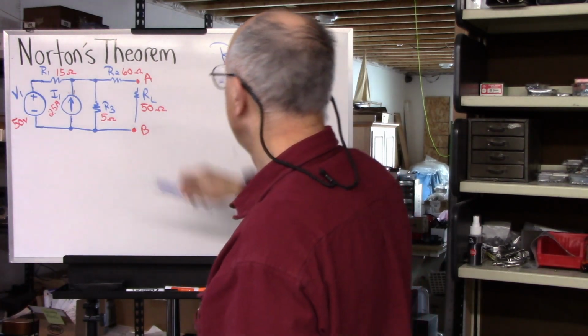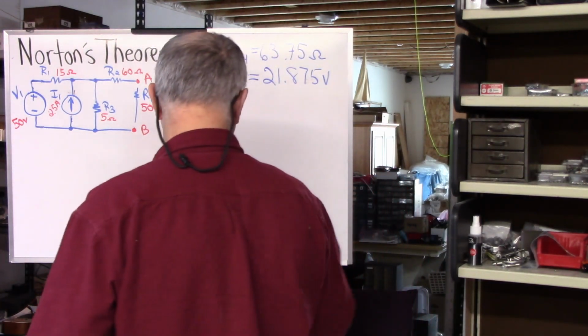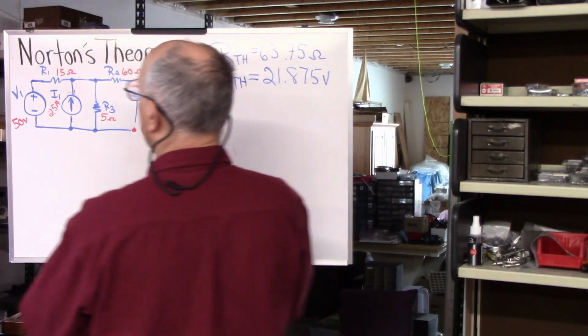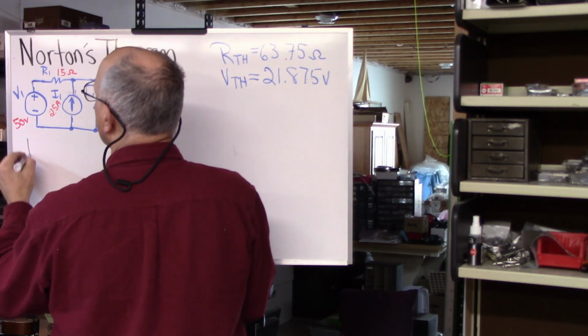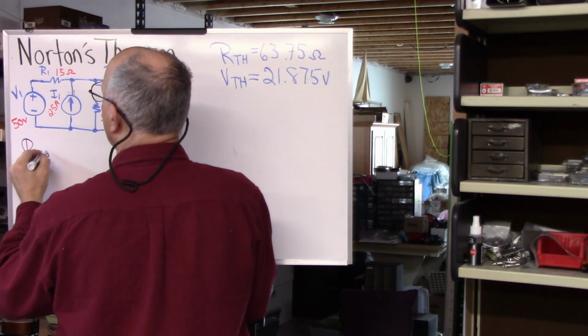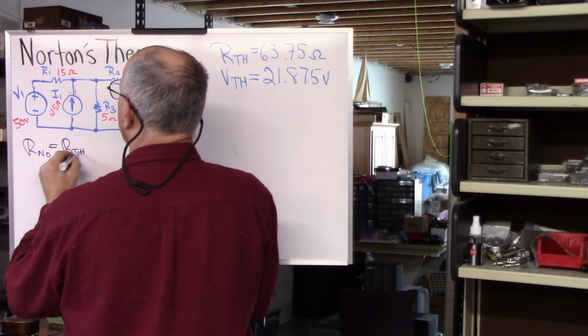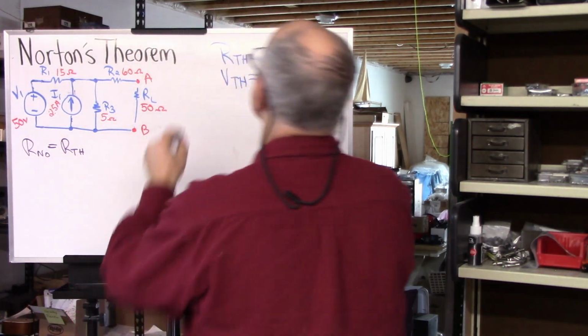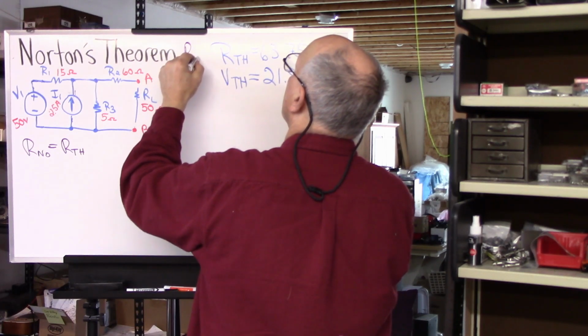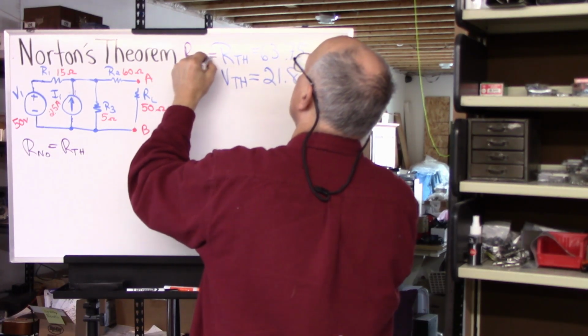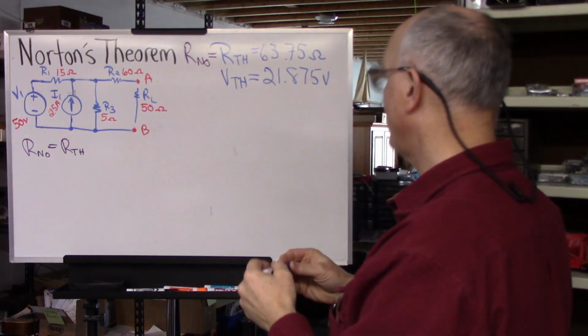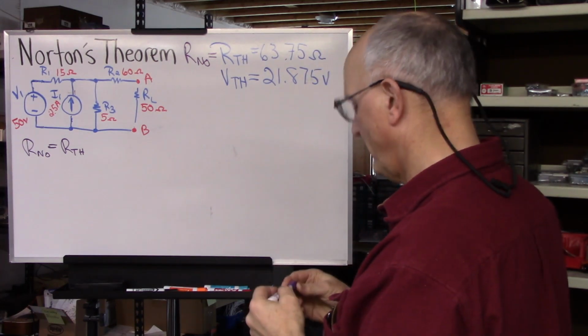Now, Norton's theorem tells us that R Norton is equal to R Thevenin. So we're just going to write up here R Norton is equal to R Thevenin, 63.75 ohms.